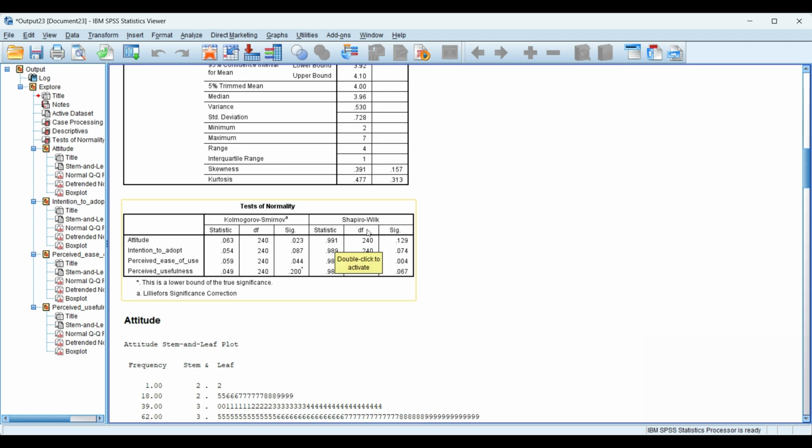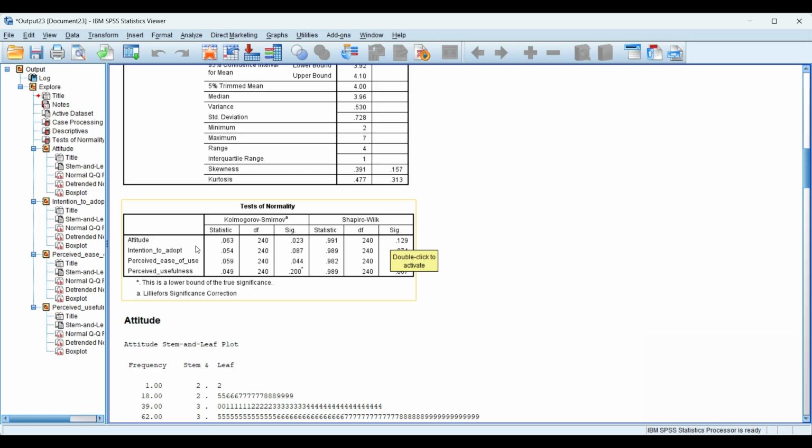In case of Shapiro-Wilk, you can see the value of the statistic is 0.991 and the p-value is higher than 0.05. So it means in case of Shapiro-Wilk, the data is normal.